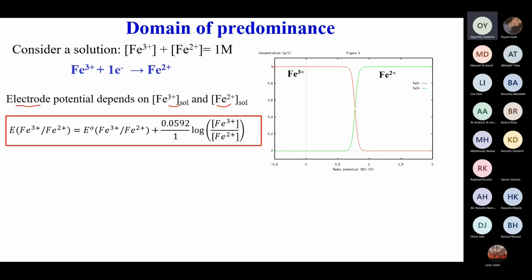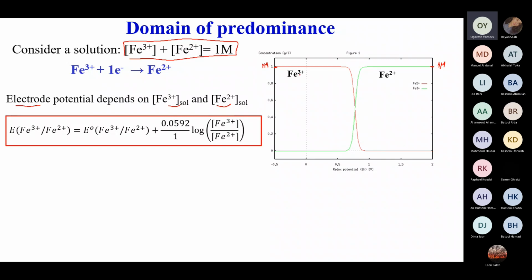At the beginning of the reaction, we started with 1 molar Fe2+ and 1 molar Fe3+, so both of them are at 1 molar. As the reaction proceeds, the total concentration of both is 1 molar.